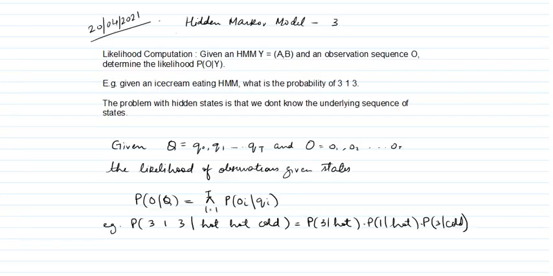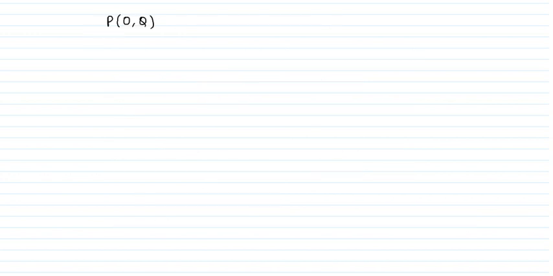So we need to compute the probability P of O comma Q. We know how to calculate P of O given Q. P of O comma Q is the joint probability of the observations as well as the states. That can be written as P of O given Q multiplied by P of Q, right?